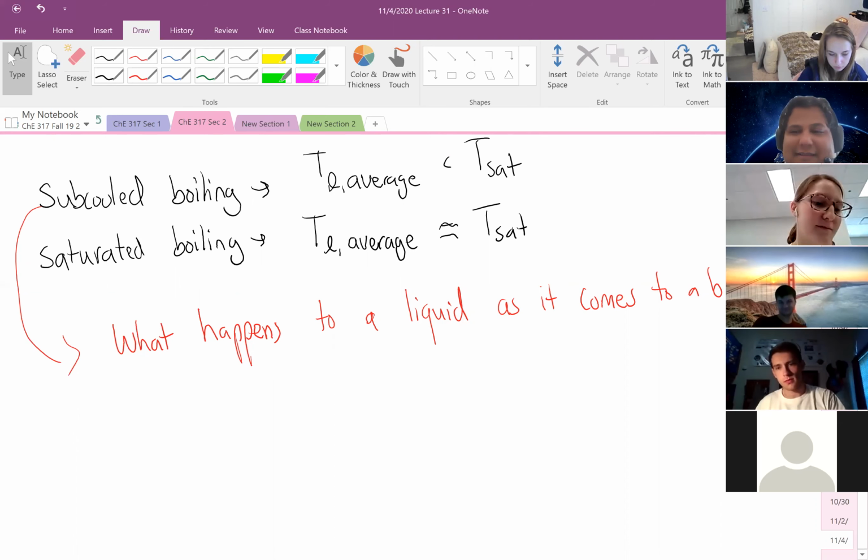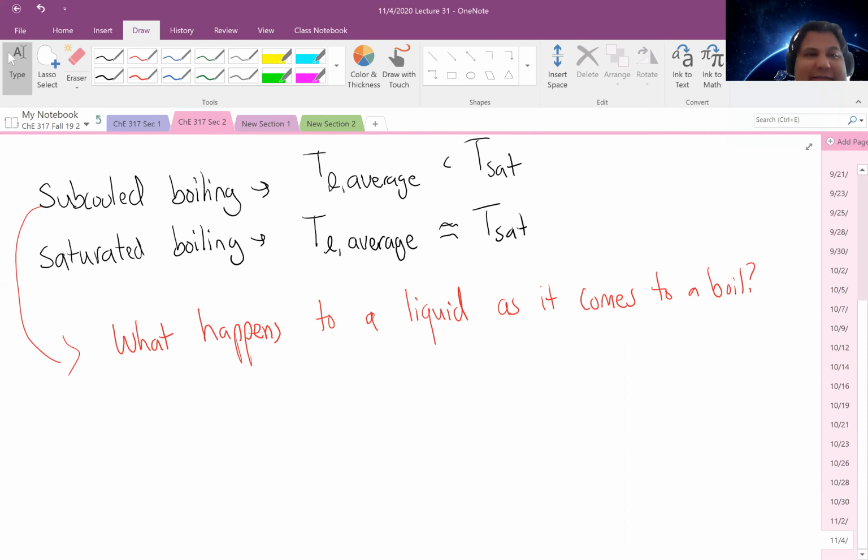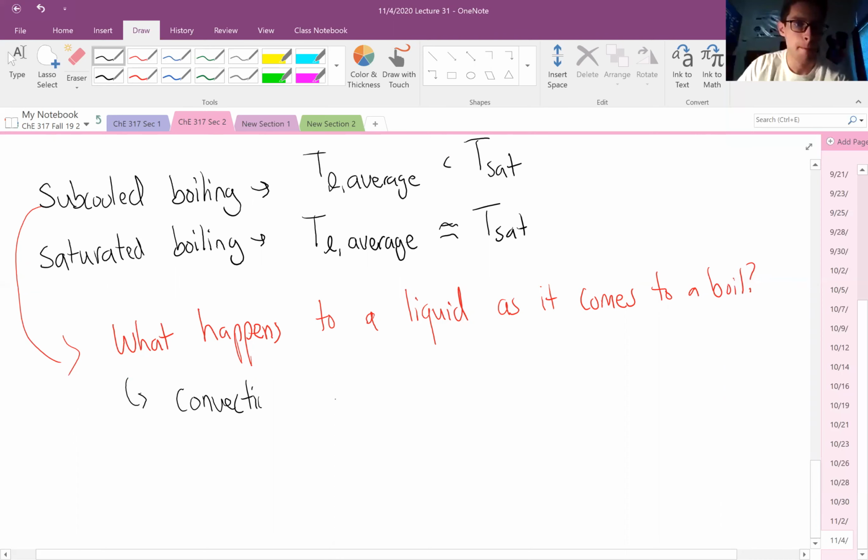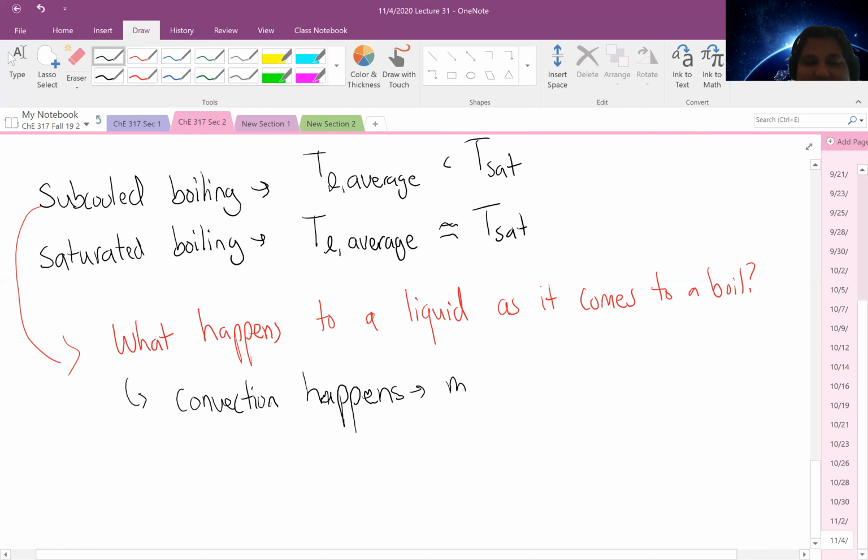Convection starts to occur, at least in the right pot. So we have some type of convection. What kind of convection do we see? Natural convection. Yes. Thank you, Nicholas. Natural convection.